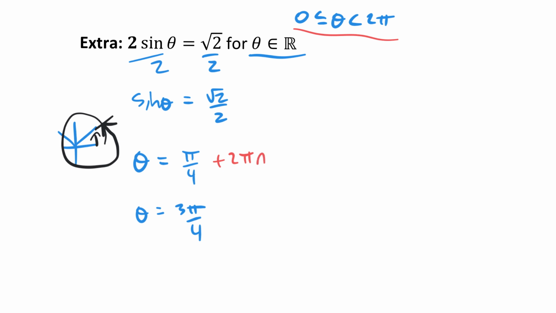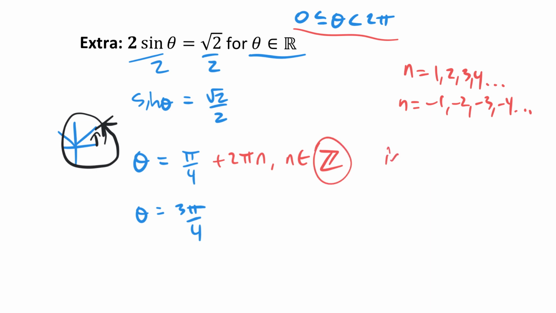We could add any number of 2 pi's. n could be 1, 2, 3, 4, or n could even be negative numbers: -1, -2, -3, -4. n could be any positive or negative whole number, and we would still get a solution. So the way we write this is plus 2 pi n, where n is an element of Z. This symbol right here means the integers, or in other words, positive and negative whole numbers.